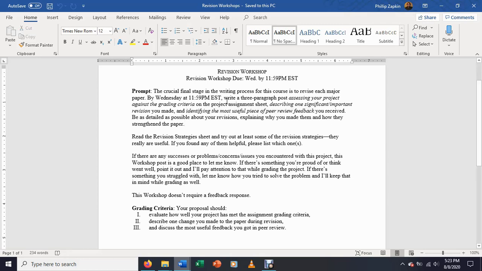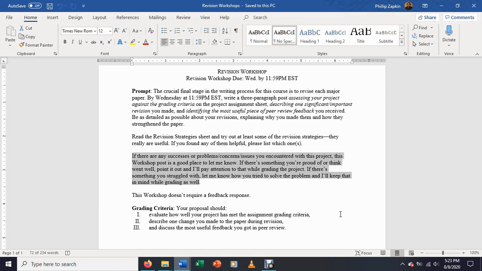So again, those are the three things that this workshop is going to be doing. The other thing this workshop can do, if you want, is if you've had any successes, anything you think was a really strong component of this paper, anything that you're proud of, tell me about that. Draw my attention to that, because I can keep that in mind as I'm grading this project.